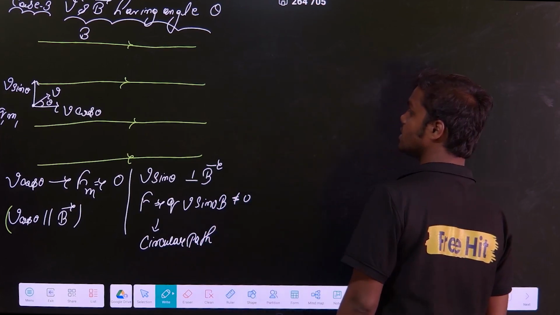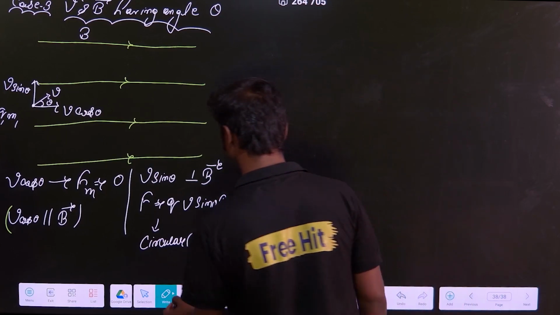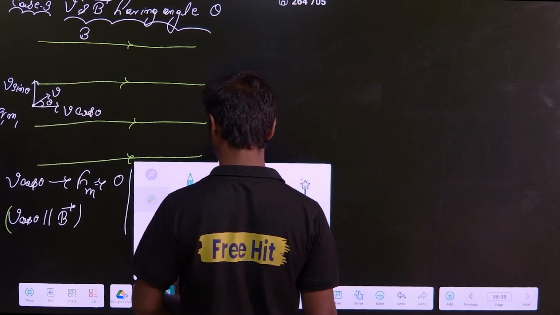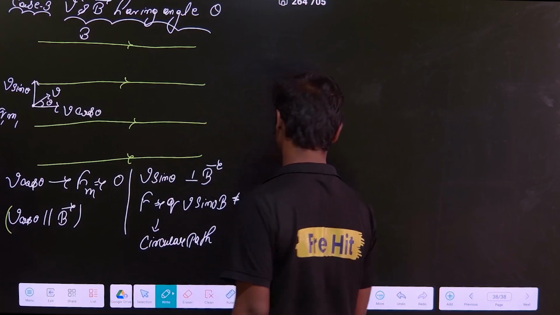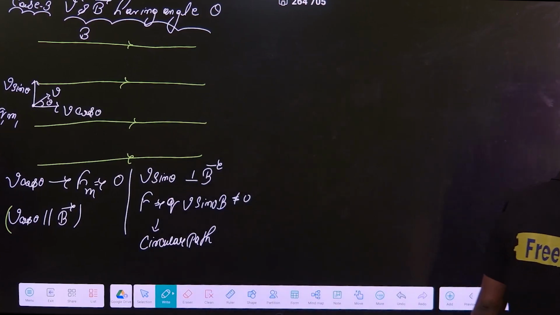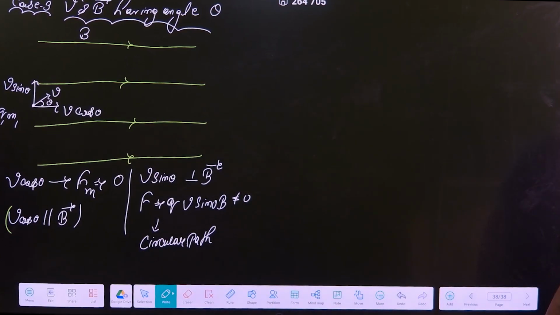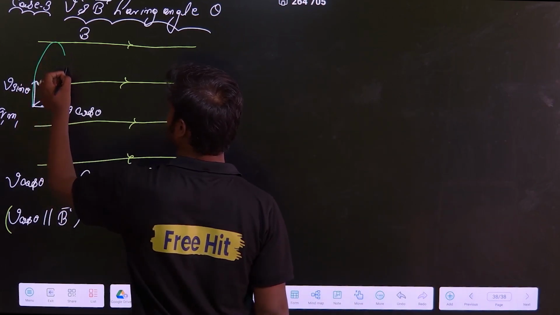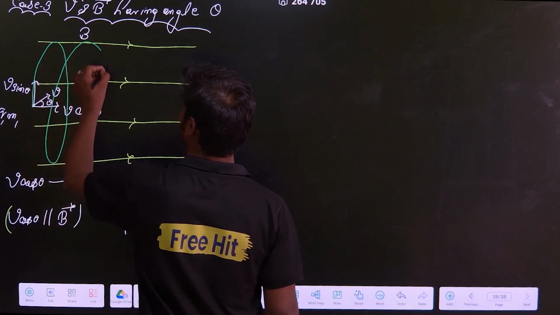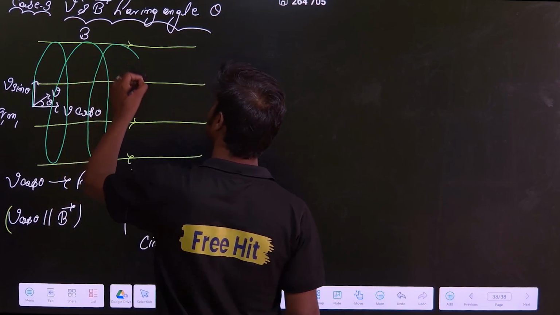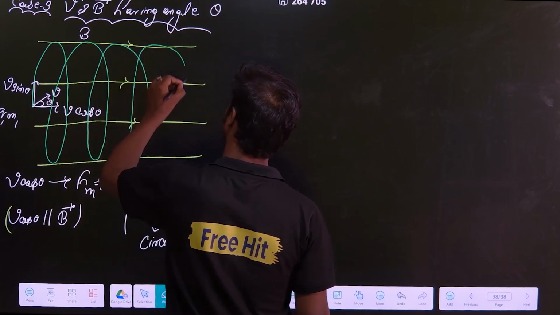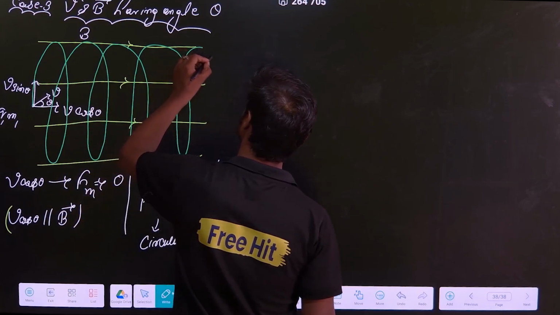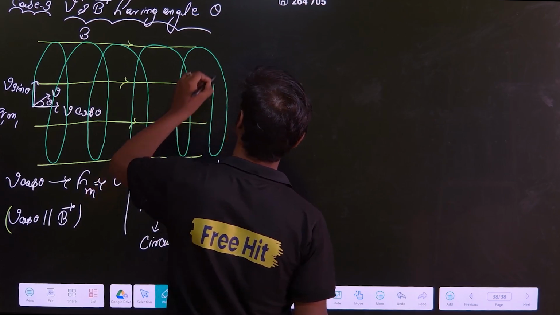So what is exactly going to happen? If you try to understand the path of this particle, what path are you going to get? The path of the particle will be something like this. See, it is making a circle, but it is also moving in the forward direction.